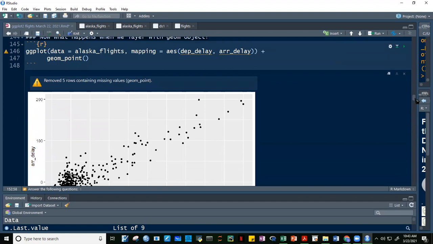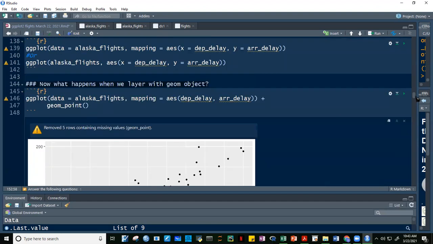Okay, nag-warning message ba, guys, yung rinan yung code? Ano yung warning message? Yes, correct. Ito, no? Remove niya yung 5 rows containing missing values.